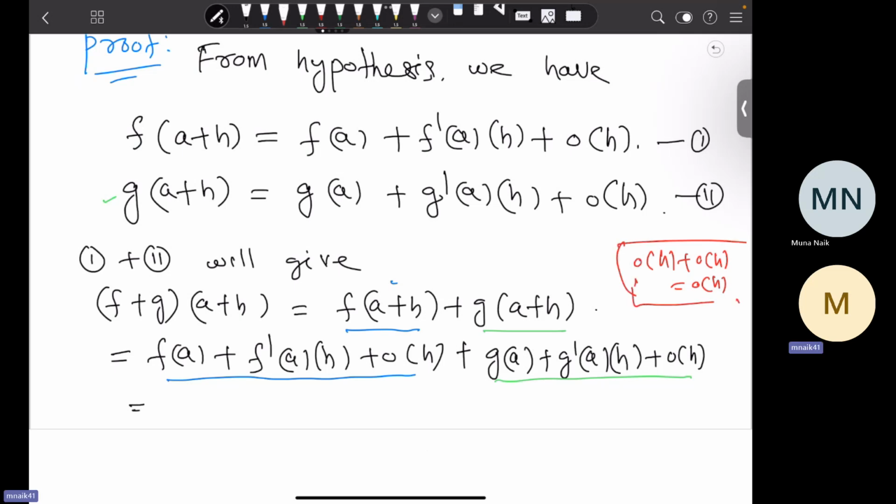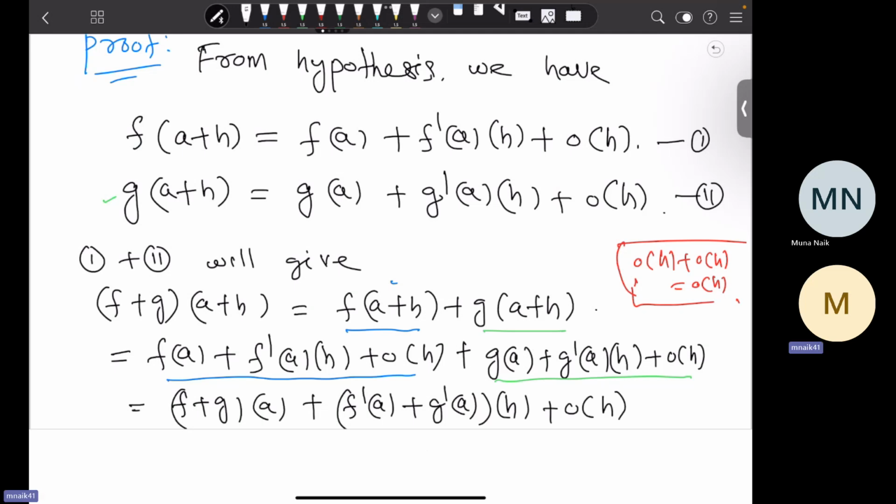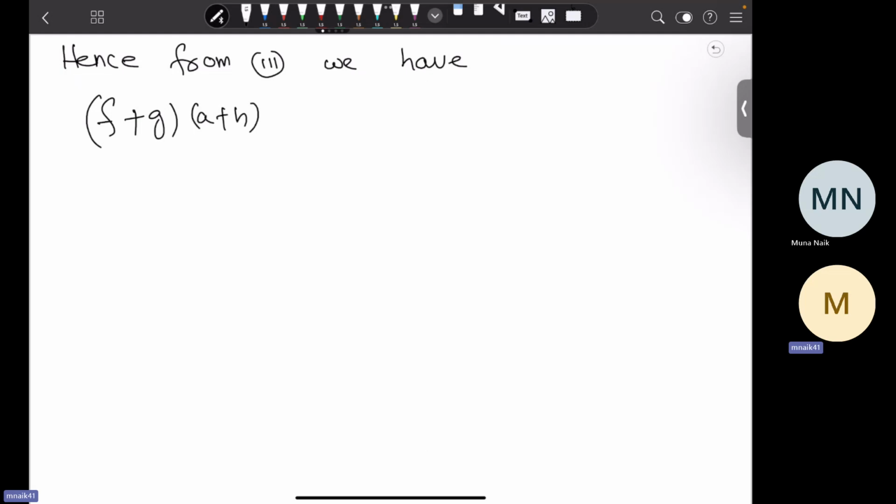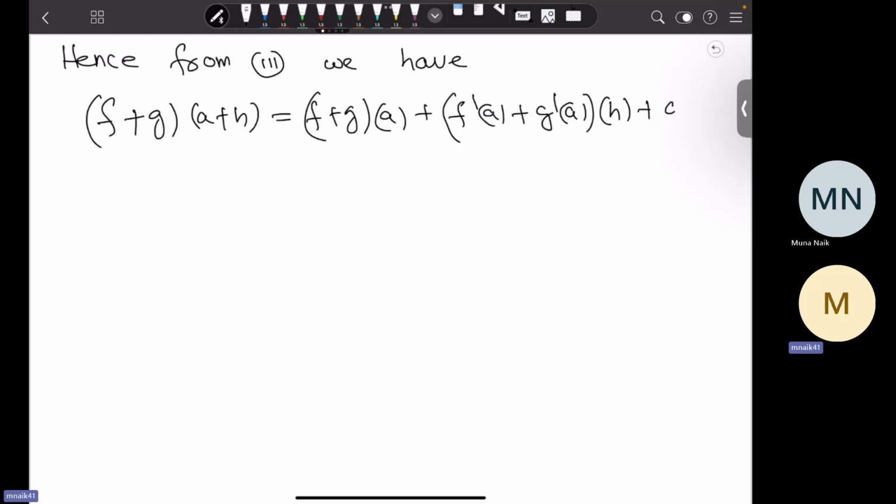So you will get f of a plus g of a, which is really (f plus g)(a), plus (f prime of a plus g prime of a) applied to h plus little o of h.